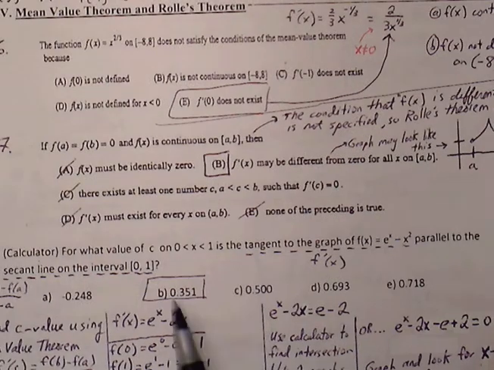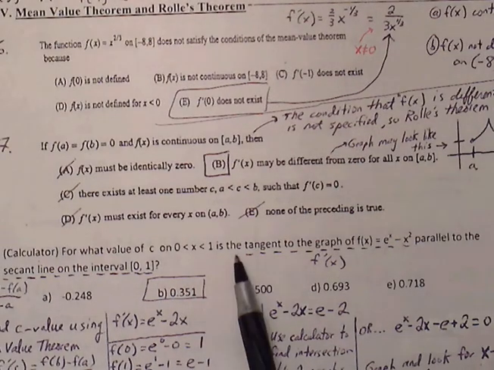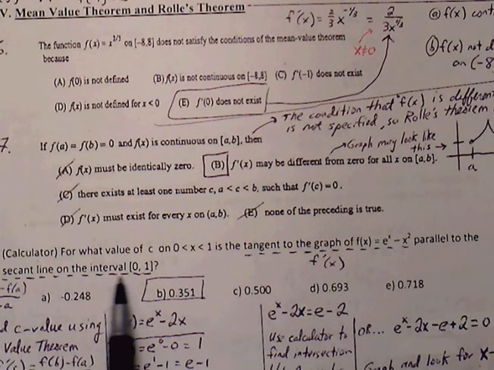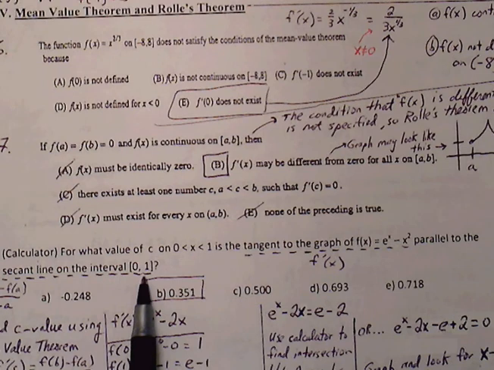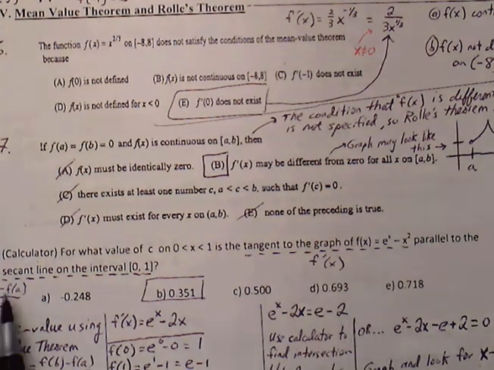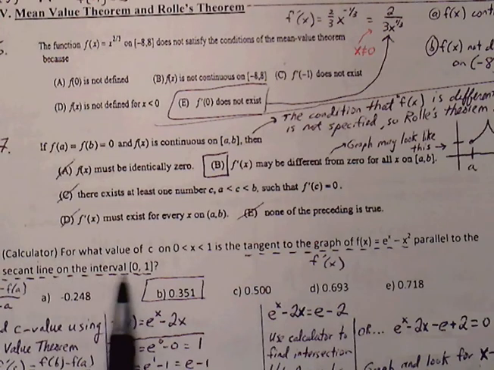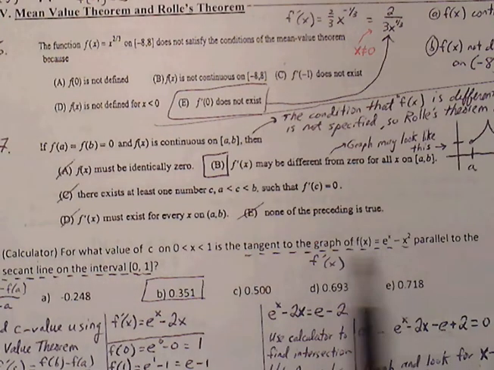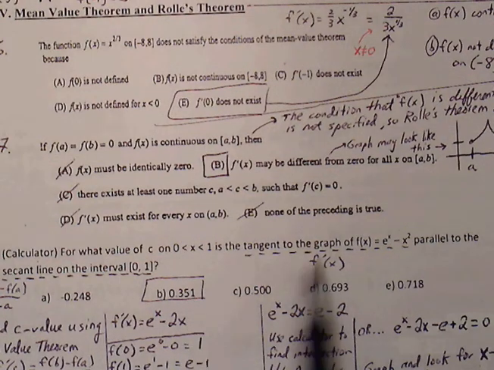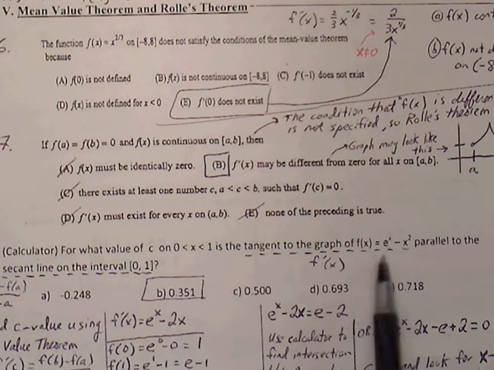for what value of c between 0 and 1 is the tangent to the graph of f of x parallel to the secant line on the interval between 0 and 1? So this is basically highlighting the condition for the mean value theorem. The tangent to the graph of f of x is the derivative function.